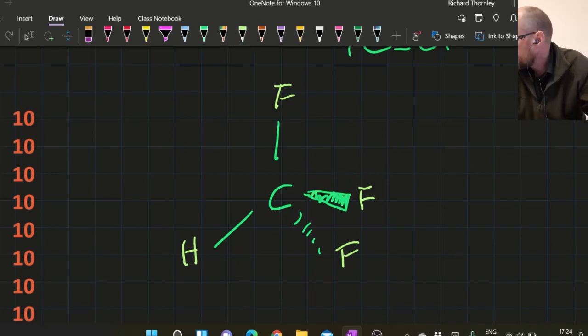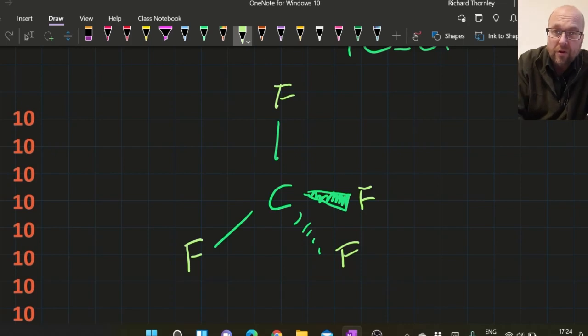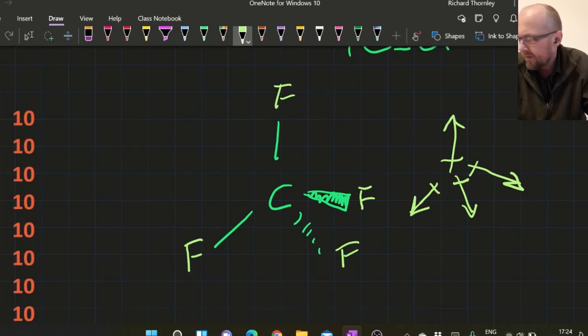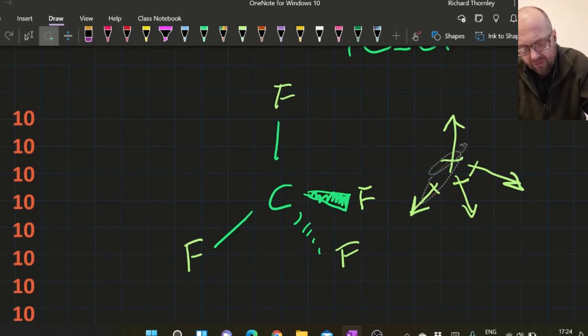But let's look at the others. If I replace that with a fluorine, the molecule is non-polar because the bond dipoles cancel. This cancels out with this, cancels out with that, cancels out with that in 3D. So B is non-polar. What if I stuck a chlorine in there?